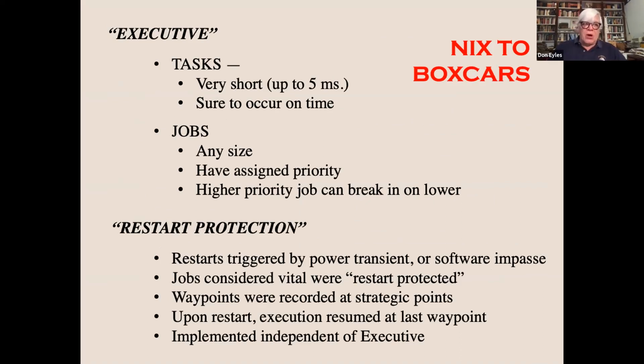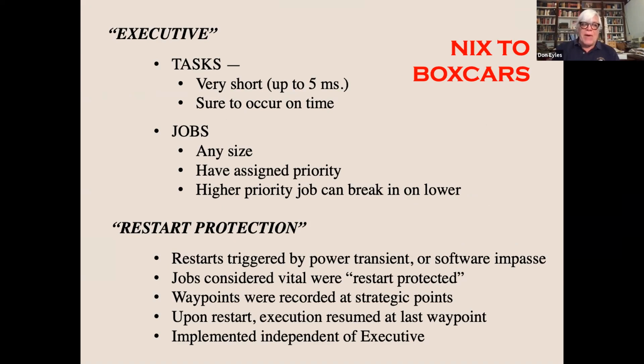So I earlier ascribed to Hal Lanning, among his many accomplishments, the thinking up of the AGC's operating system, which we call the executive. And that consisted of 2 types of software entity.